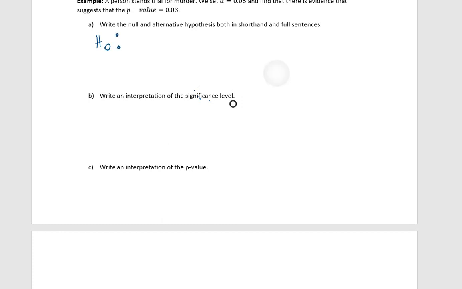Our null hypothesis is that they are not guilty. Our alternative hypothesis is that we do find them guilty.